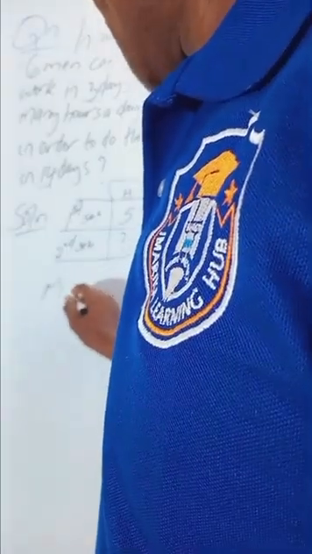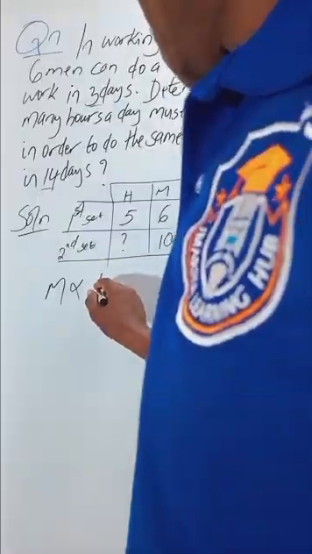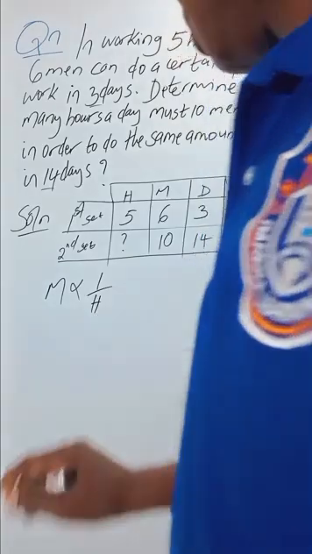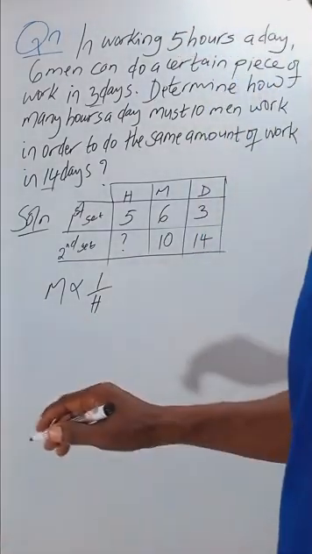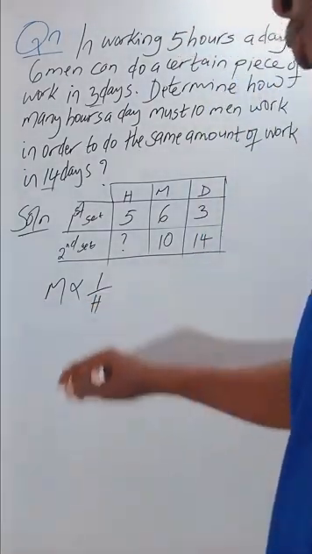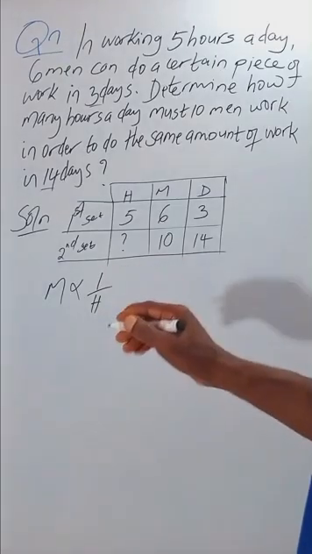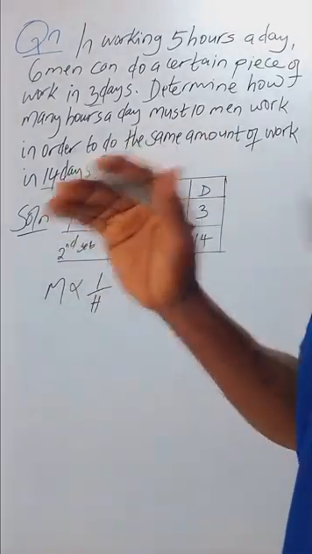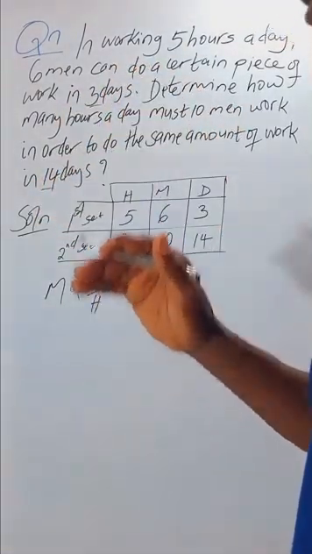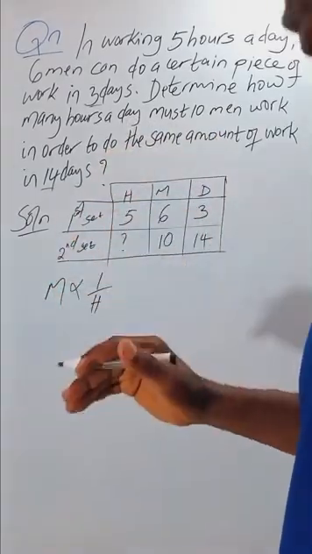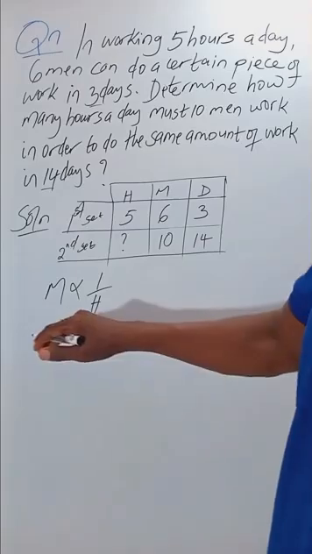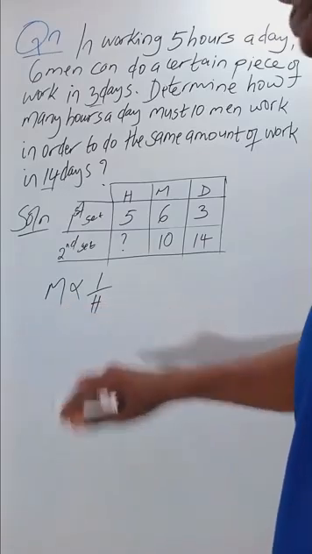Men are inversely proportional to number of hours. When you have more men, you expect them to work fewer hours. The assumption should be that these men are working at the same rate. That's the main assumption. So if you increase number of men, you're reducing number of hours.